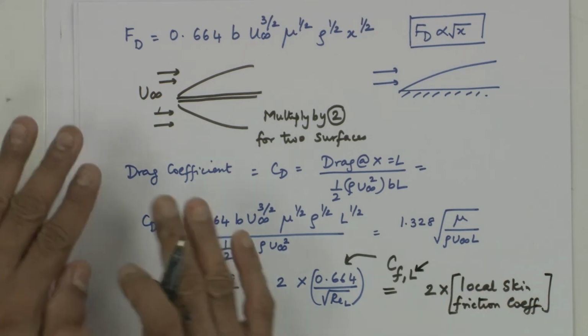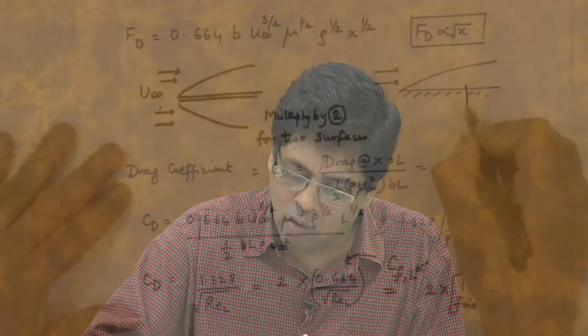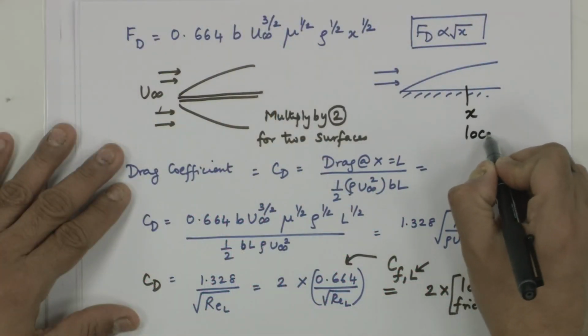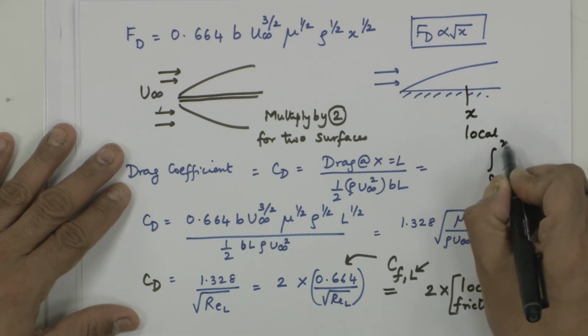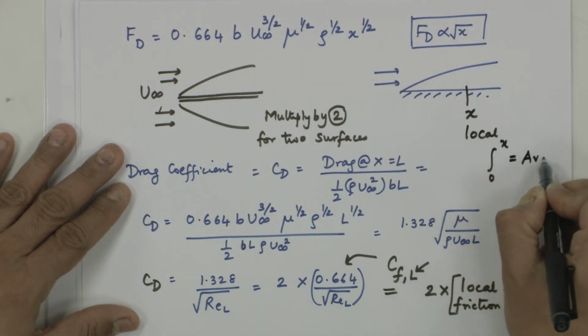These are two different things. When I have subscript L or subscript x, it represents the local Reynolds number. When I want to calculate the average over that length, so this is local, this is local. When I integrate from 0 to x, that means it is average.